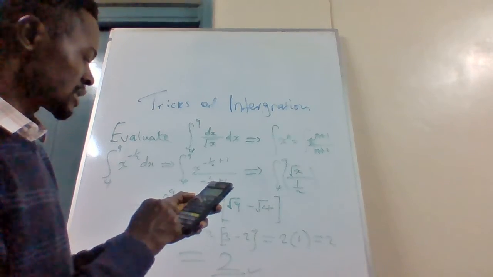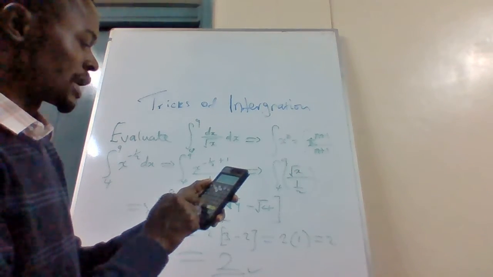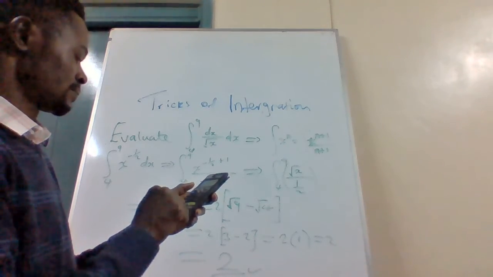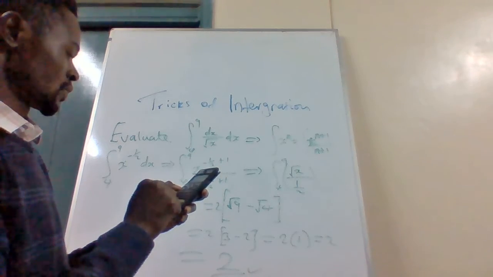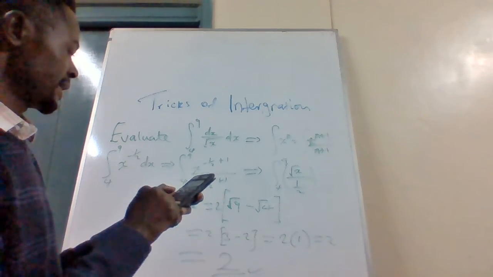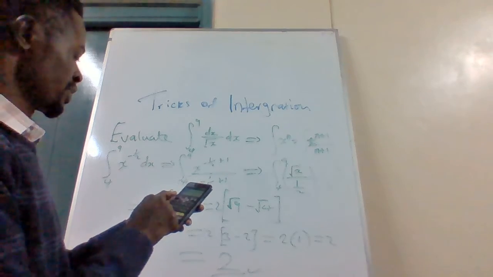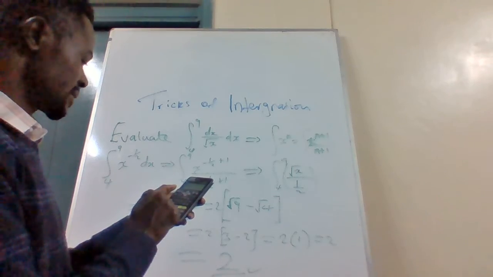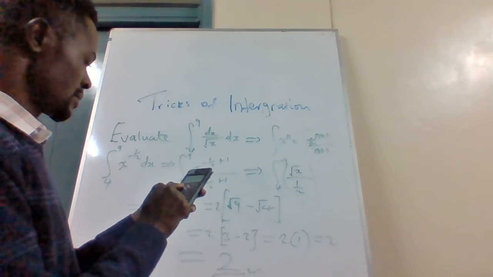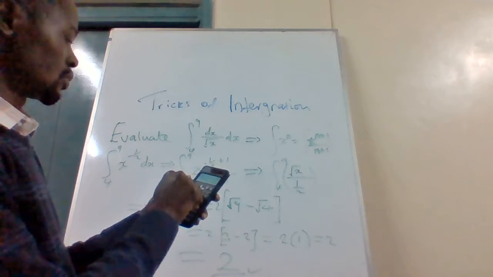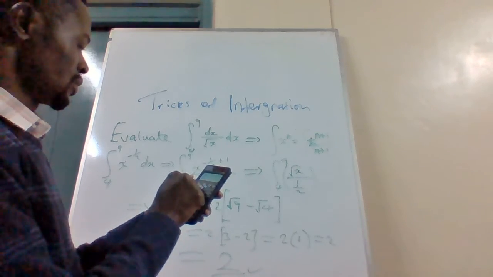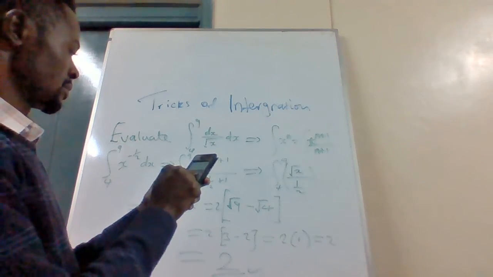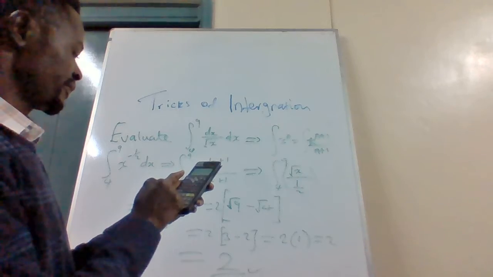Put your root x, then come to the values in your calculator: 9, and then 4.